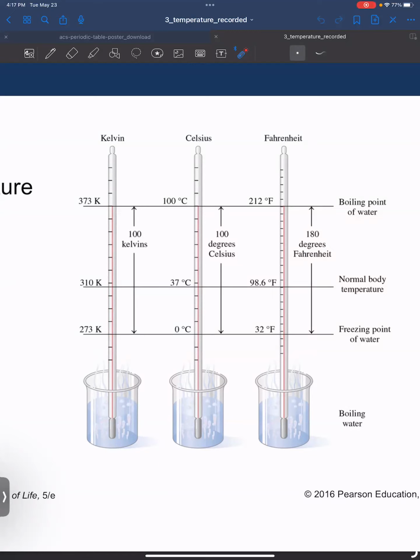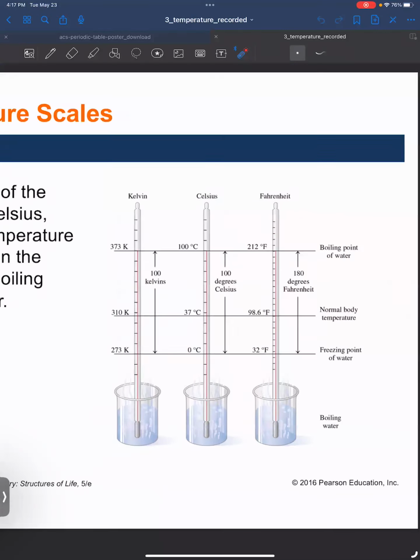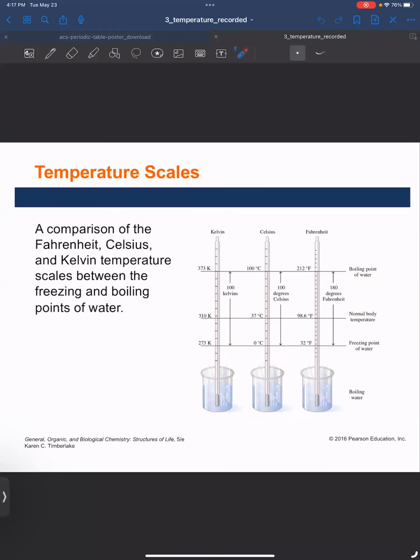And once again, there's only a 100 Kelvin difference between the freezing and the boiling point. So that's the reason why 1 Kelvin is equal to 1 degree Celsius. They're the same size, whereas Fahrenheit is a lot smaller in comparison to Celsius and Kelvin. But as you saw on the previous page, there are formulas you're going to use to help you convert between the temperature scales.